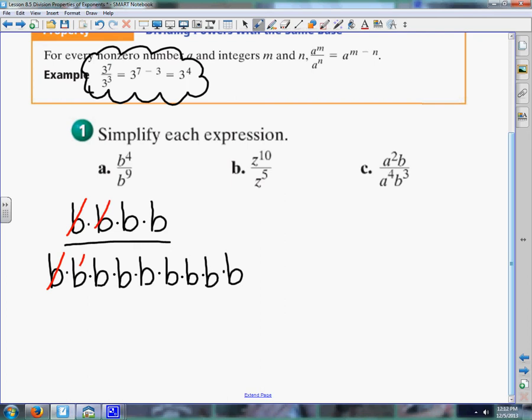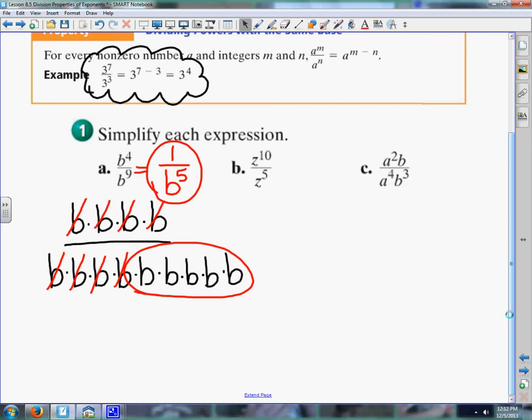So then I can cancel this out with this with this with this, and I'm left with 5 B's on the bottom of my fraction. So how you would write that is 1 over B to the 5th power. So try B and C, and then we'll go over them.